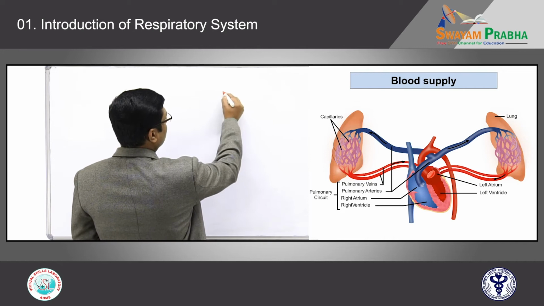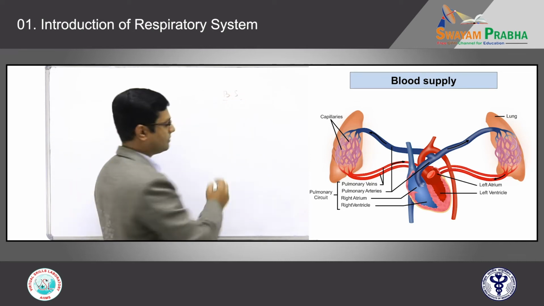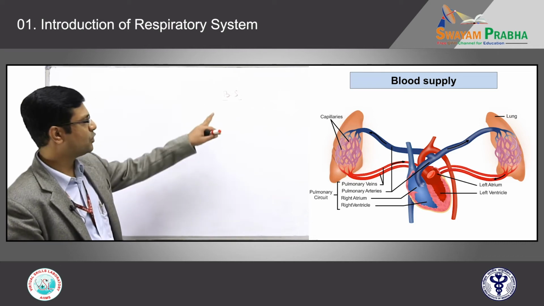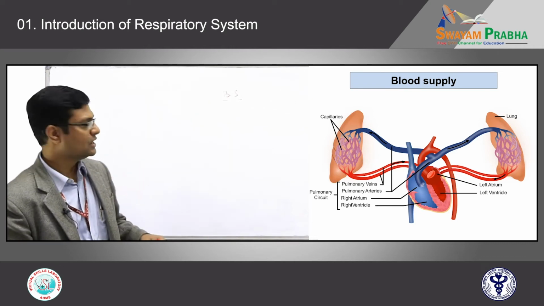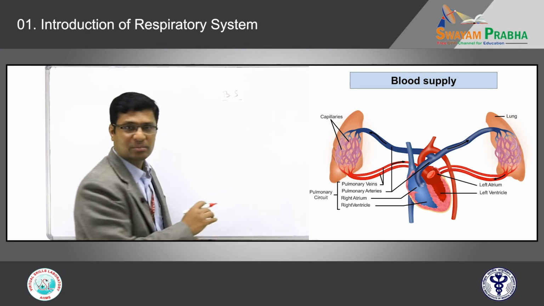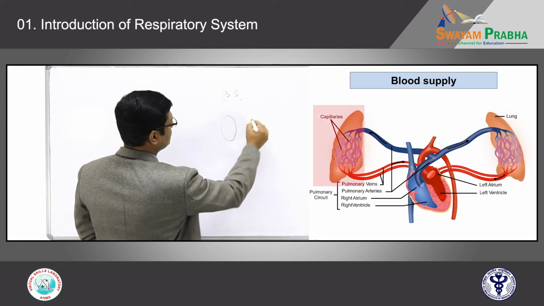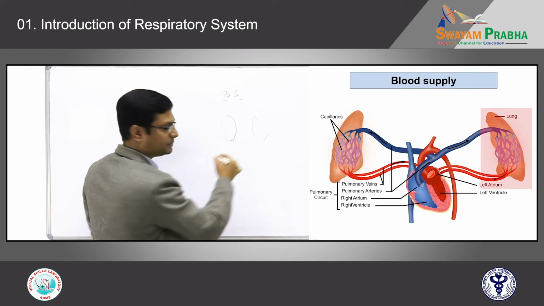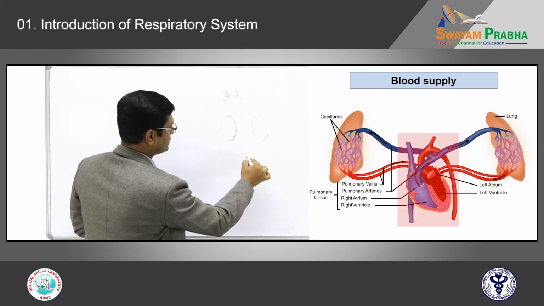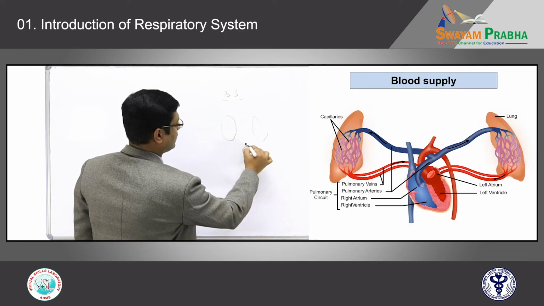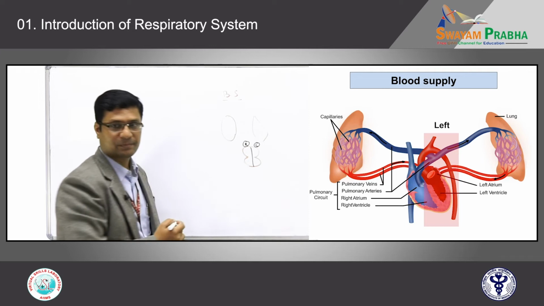We will talk about the blood supply to the respiratory system. The basic important features I am going to highlight. All of you know that cardiopulmonary circulation is very important. There are two lungs, right lung and left lung, and there is the heart here, right and left.